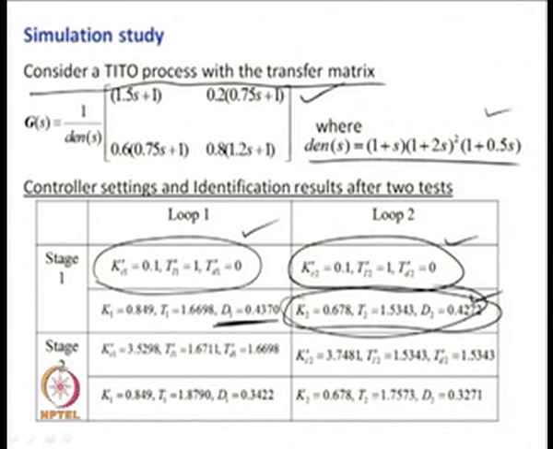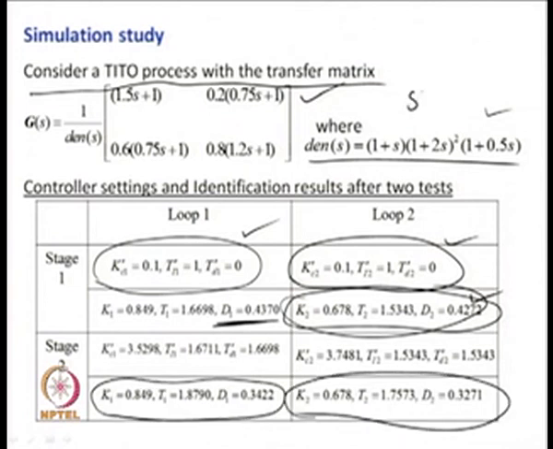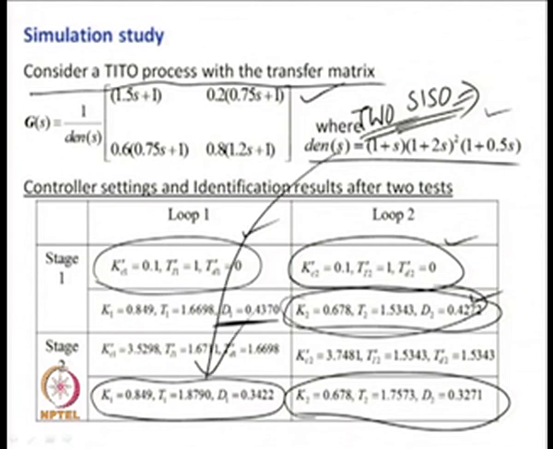Then you get the final parameters for the two SISO transfer function models: k1 is equal to 0.849, T1 is equal to 1.879, d1 is equal to 0.3422, and k2 is equal to 0.678, T2 is equal to 1.7573, and d2 is equal to 0.3271. Thus, we obtain two SISO transfer function models with these parameters after two relay tests, and these final values are found to represent the dynamics of the TITO process.